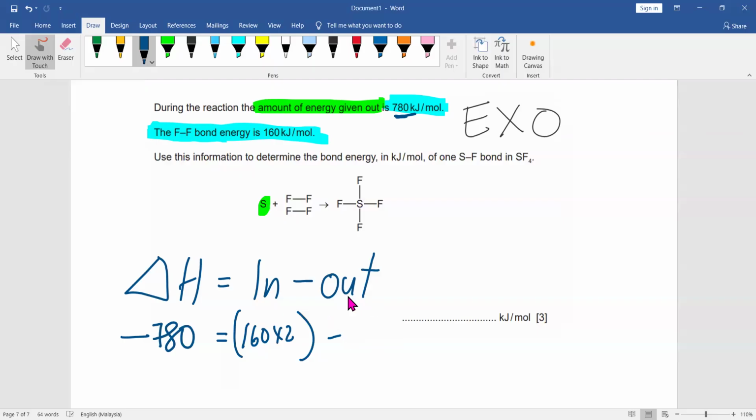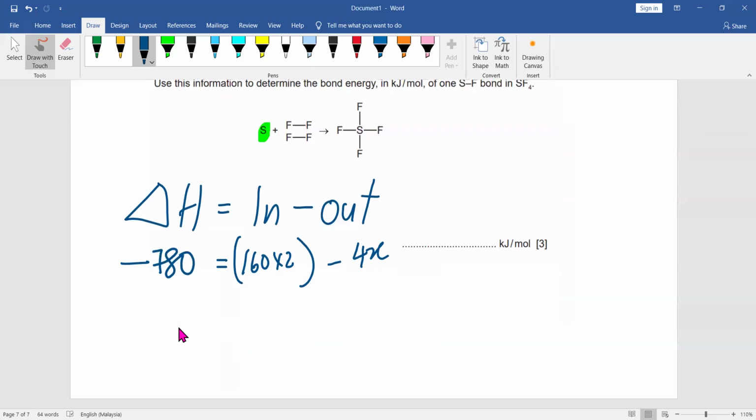So how many bonds do you have for F? So X equals 275. Do you understand?